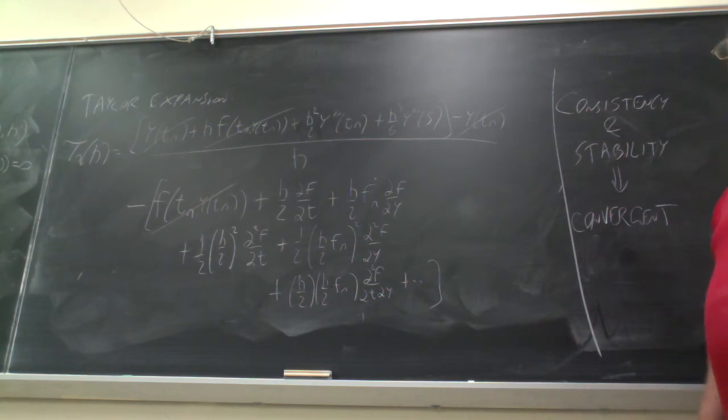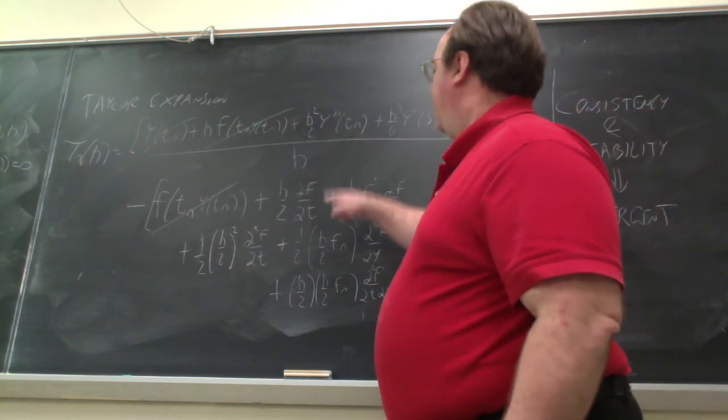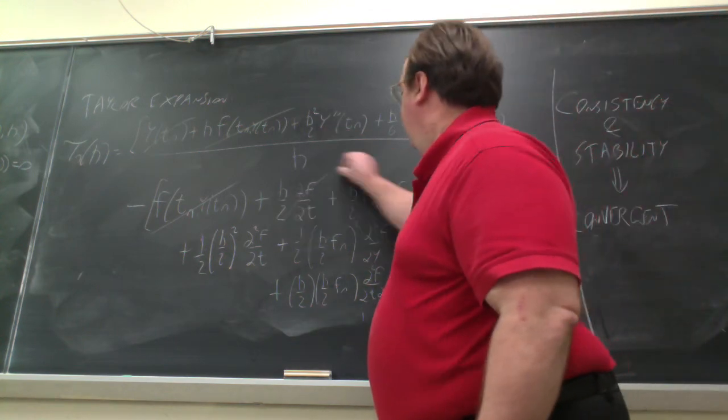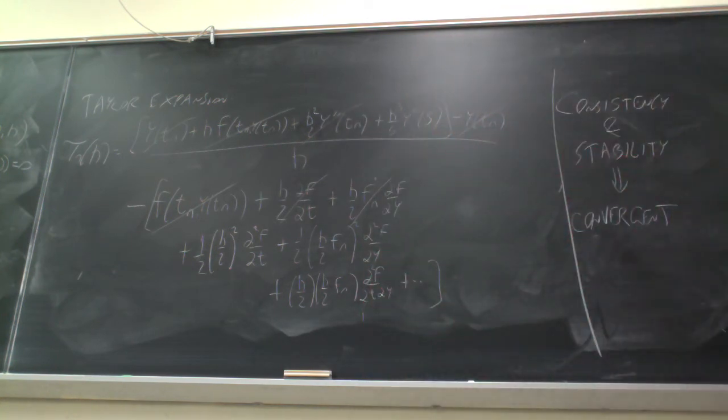And this came up when deriving the midpoint method, that this term is actually going to cancel with these two. So if you look back at how the midpoint method was derived, that was worked out back then as to why those terms cancel.